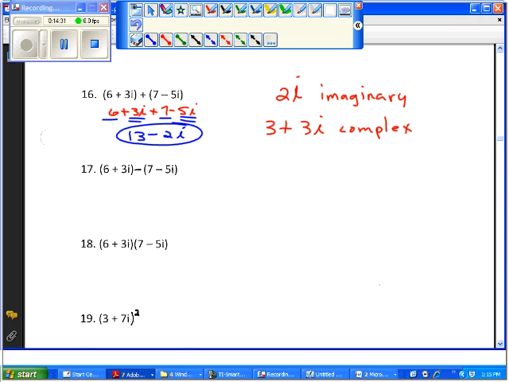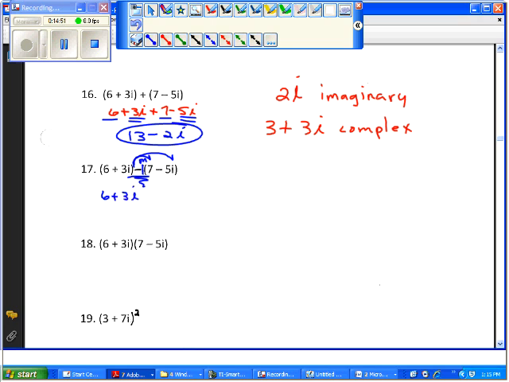Number 17, when there's a minus in front of that parenthesis, can we just drop the parenthesis? We cannot. We've got to be careful right here. There's an understood 1 that's being multiplied, and we need to distribute it, right? Now, we can drop it on the first one. We're going to have 6 plus 3i.